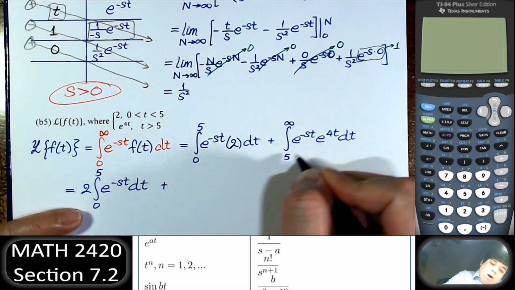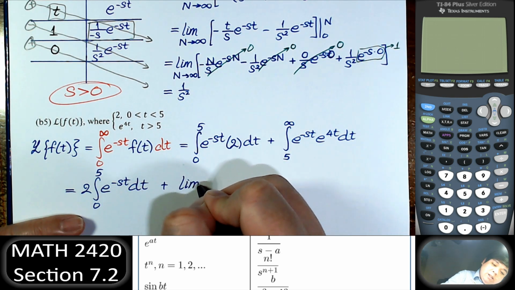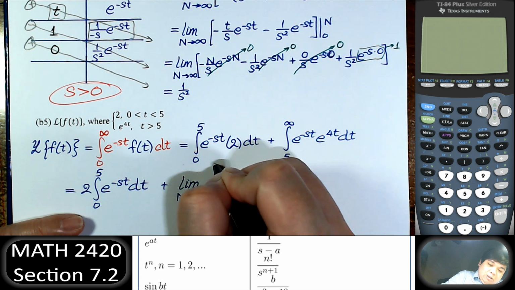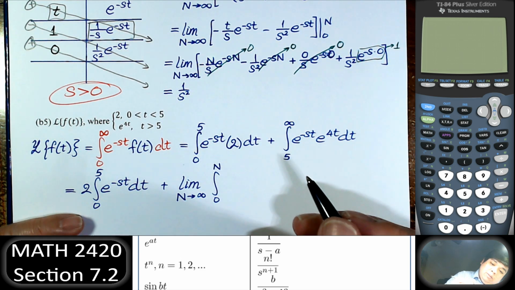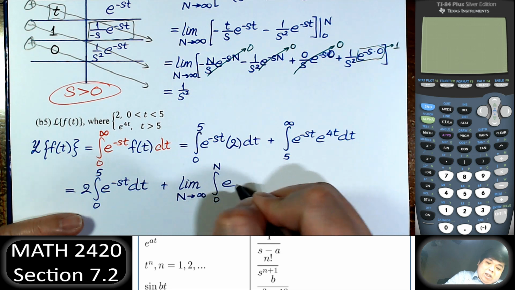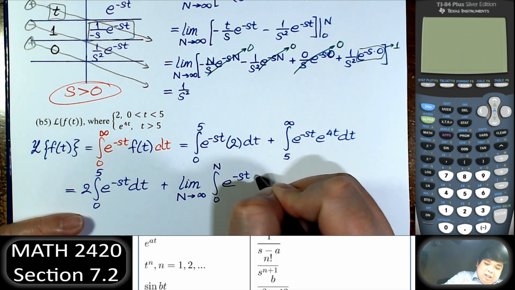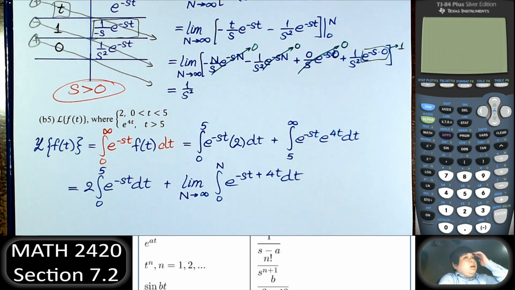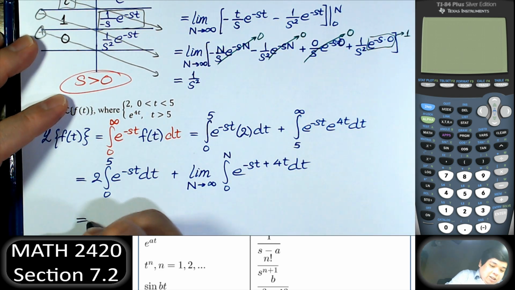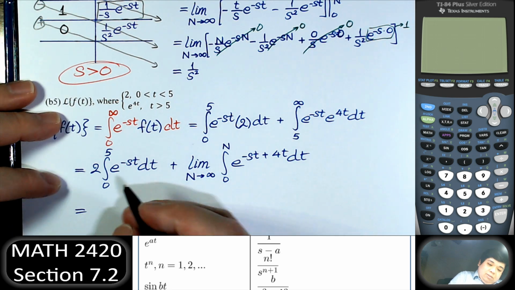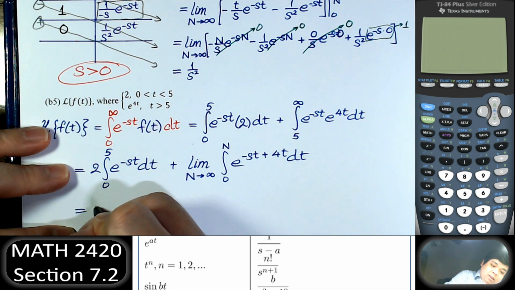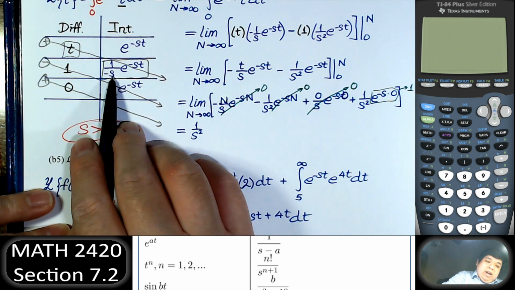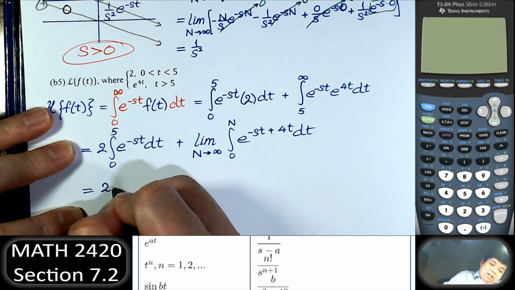The other one is an improper integral, and we combine the exponents, negative st plus 4t dt. Right, now integrate. The integral of e to negative st is 1 over negative s e to negative st.